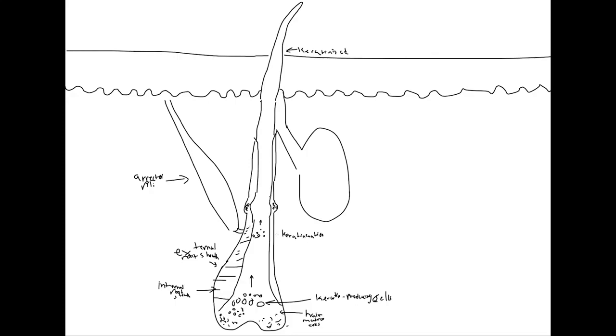They're going to contribute to the growth of the hair, meaning all of these living cells, like the matrix, the internal root sheath, and some parts in the living part of the hair.